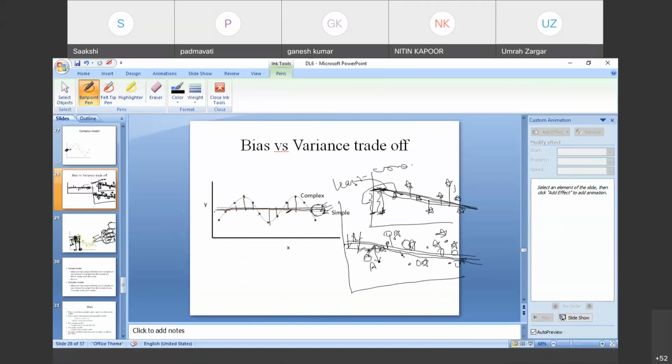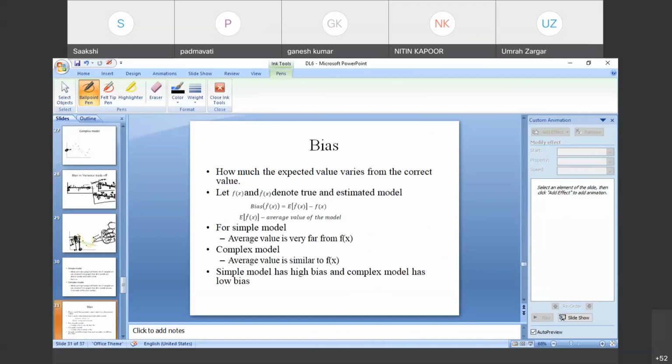So this average is the expectation of the estimated or predicted value. This value is further away from the actual value f of x, whereas what you get is over here. That is why we say for a simple model, the average value is very far from f of x, the true one.